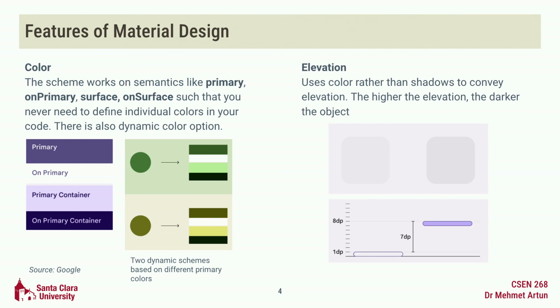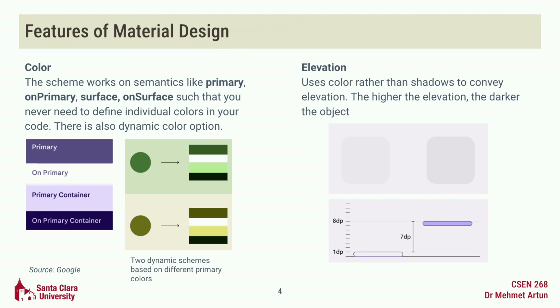Then elevation. So things have elevation in material design, and depending on the elevation, if this is something that's clickable or clicked already and sitting at the lowest level, it's slightly darker than the background.